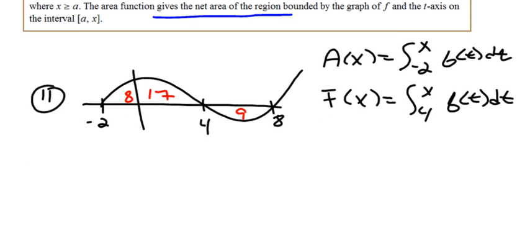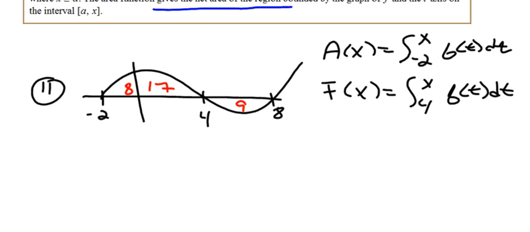So for example, in number 11, we're given a graph, don't know what the function is, so they give us that A of x is going to be the integral from -2 to x of f of t dt, and F of x is going to be given with the bound of 4 to x of f of t dt.